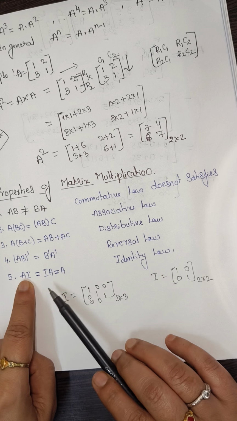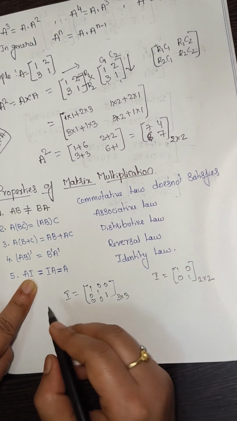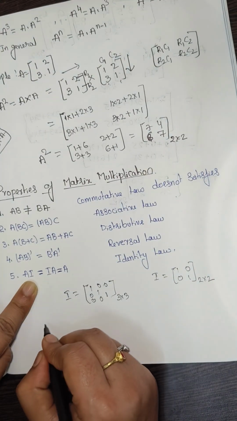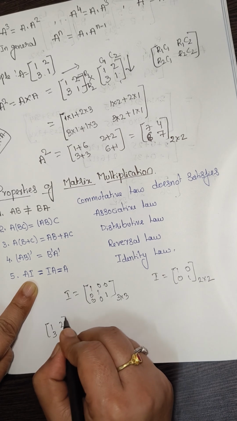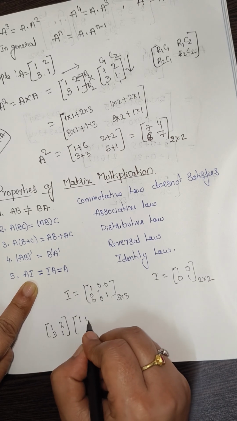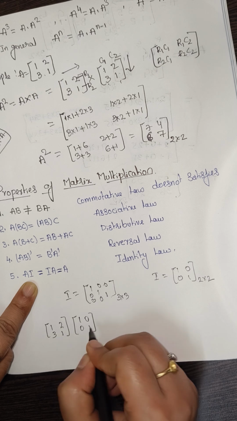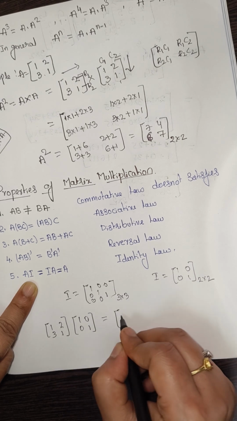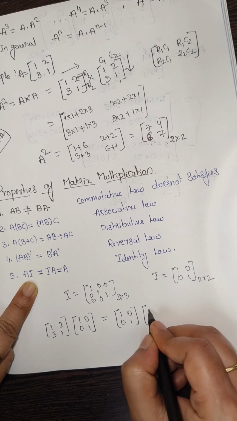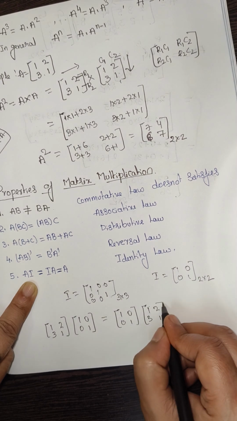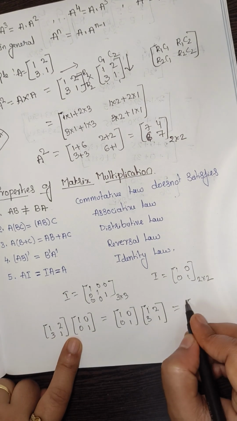A into I: take any A here. I will take the same, 1 2 3 1. You are multiplying with I, that is 1 0 0 1. And if you multiply the identity matrix with 1 2 3 1, you will get the same answer, A only.